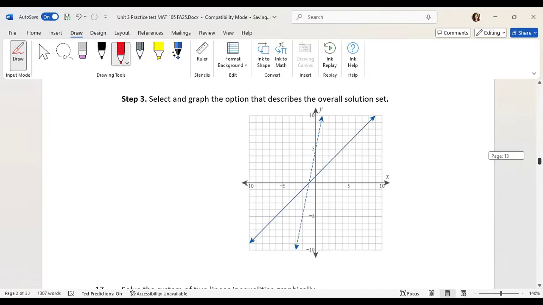Remember that if two lines intersect each other, they have one point of intersection. Note that this one has a dotted line, so points on the line are not included. And this line is solid, so all the points are included.